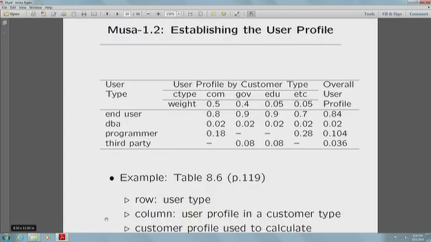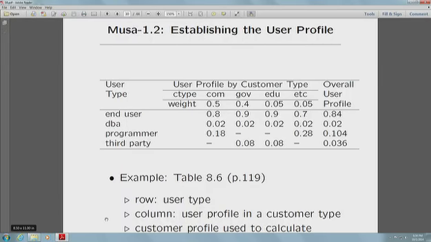So this is a very important step, because this is how you calculate from the previous profile to the next profile. You find your individual profile within your customer, and then you weigh them by your customer profile. You get your comprehensive user profile. And the next couple of steps essentially repeat the same thing.